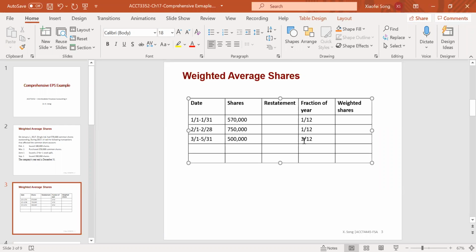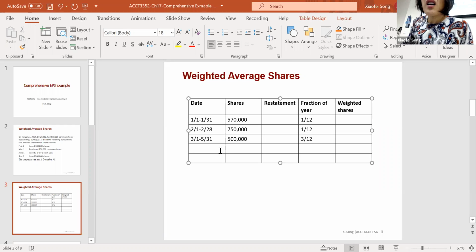And then we have a stock split on June 1st, and that will double the shares. So the number of shares outstanding now will be 1 million, and that's until September 1st, so June, July, August. That's also 3 months, June 1st to August 31st.